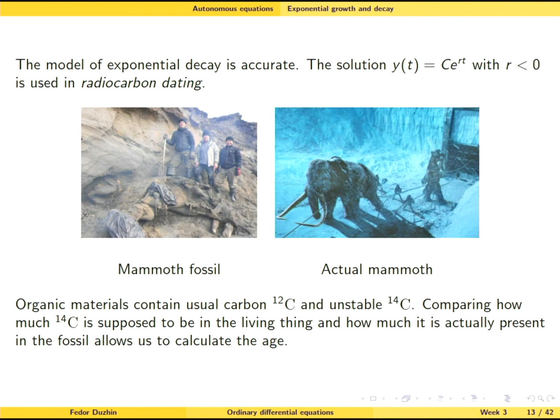And comparing how much it is actually present with how much it would be present if the tissue were alive, we can calculate the age of the tissue. I mean, the time when it was separated from a living organism or when the organism died.